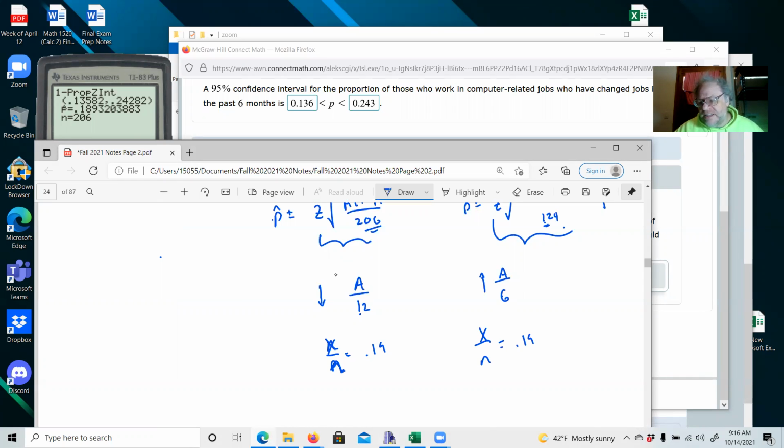We have to solve for N, so N is equal to X over 0.19. Do it that way, and we could get what our proportion is supposed to be, to get this answer.